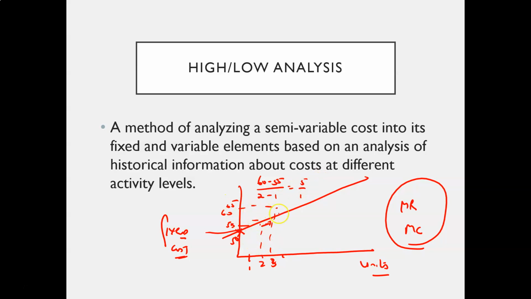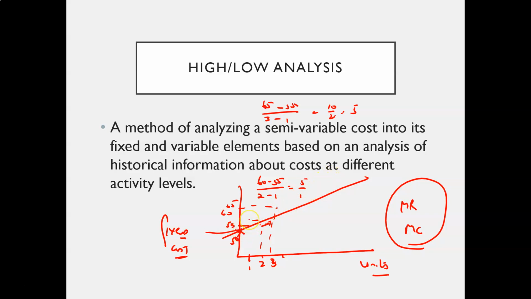Then 65 minus 55 over 3 minus 1 would be 10 over 2, and that's 5. So it doesn't matter where I go. The point is that as long as this assumption of constant change with every unit is true, I can find the change. That's the key word, the change, and that's the thing I'm looking for.